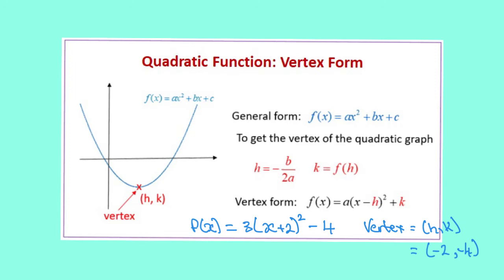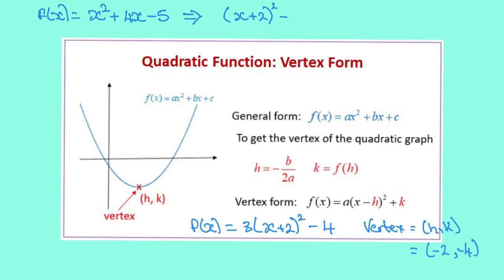To get from general form to vertex form, we need to complete the square. Therefore, if we've got the equation f of x equals x squared plus 4x minus 5, and we want to change it to vertex form, we complete the square. So we halve the coefficient of x. So we've got x plus 2 squared.